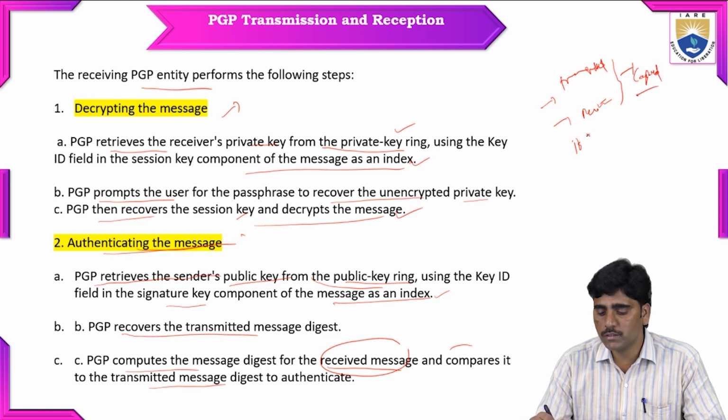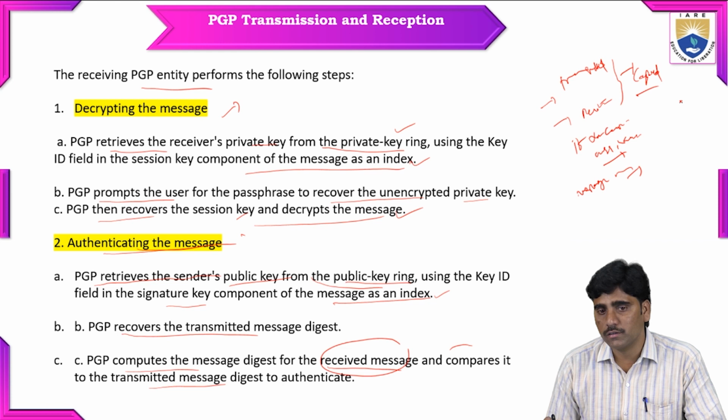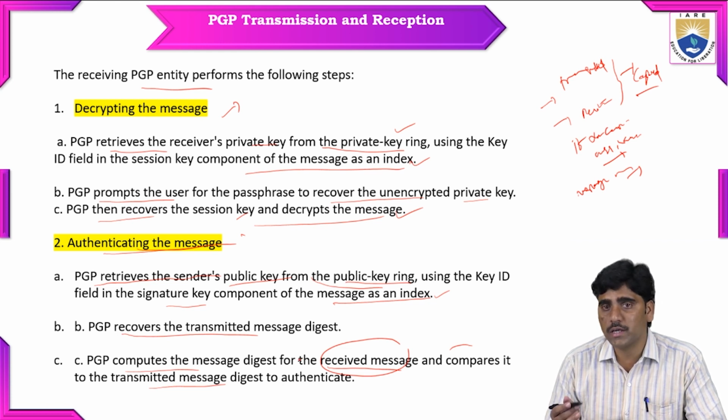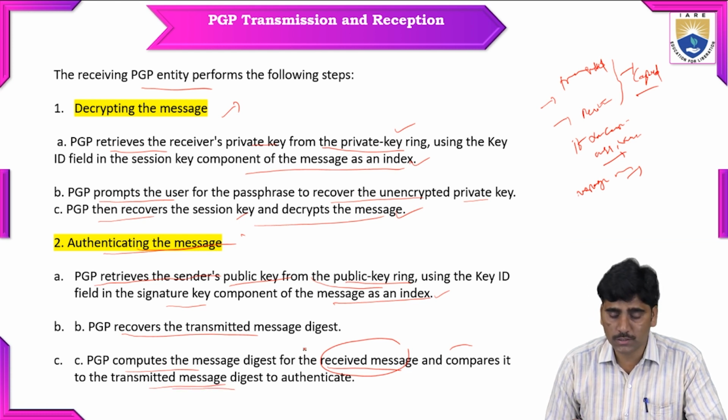PGP computes the message digest for the received message and compares it to the transmitted message digest. Whatever message you transmitted and whatever message you received, both are compared. If the comparison is successful and the message is the same, then the message is accepted at the receiver side, or else the message is discarded. This is the authentication process.